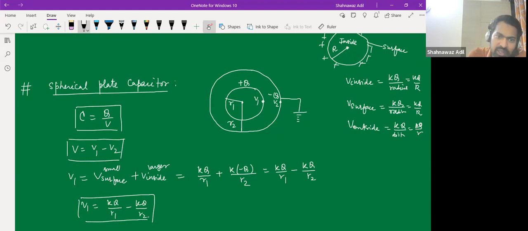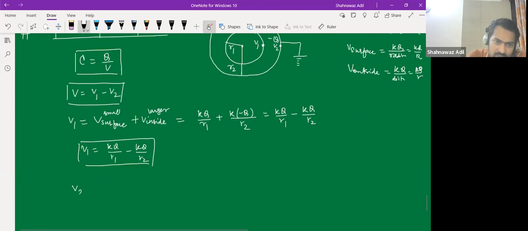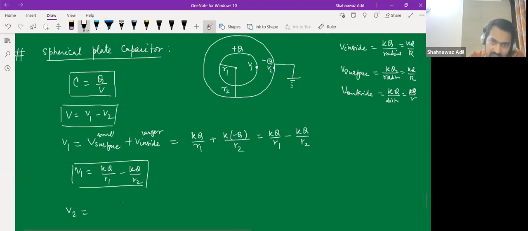Now we have to calculate V2. For V2, what is the position of this point for the smaller sphere? Outside, right? And for the bigger sphere, what is this point?